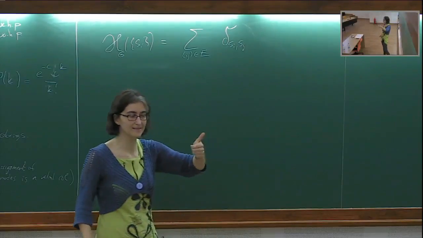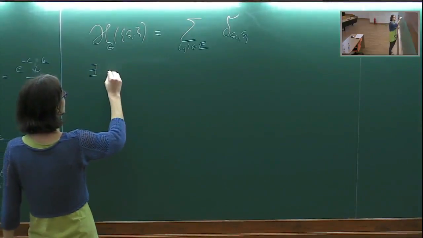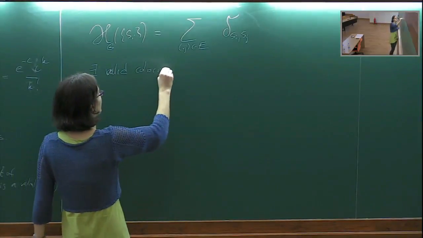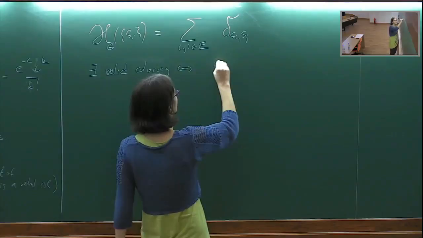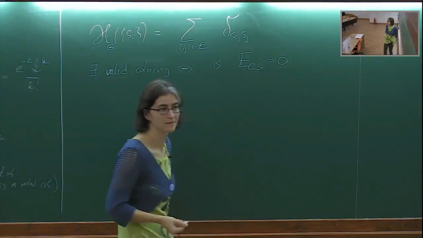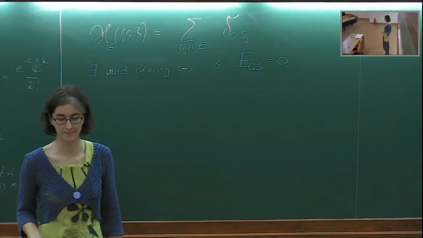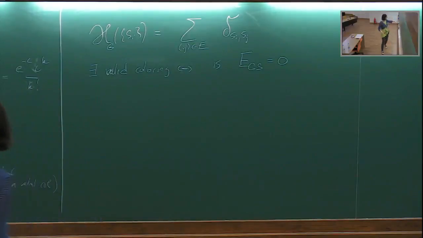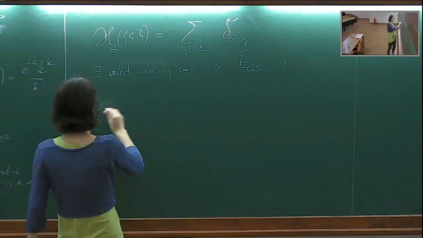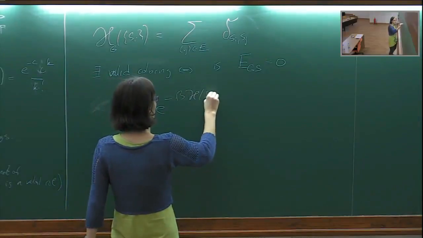So I'm counting a penalty of 1 for every monochromatic edge, and then the question of whether there exists a valid coloring is equivalent to the question: is the energy of the ground state 0? Right? Is there an assignment of colors such that the energy is 0? And we were already anticipating the entropy here, so we could think of the Boltzmann measure being 1 over Z e to the minus beta H of s.